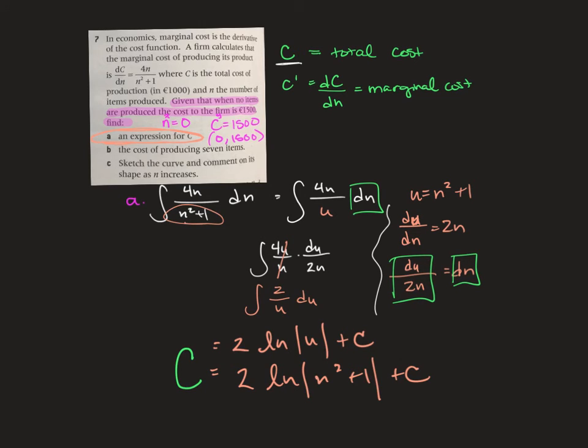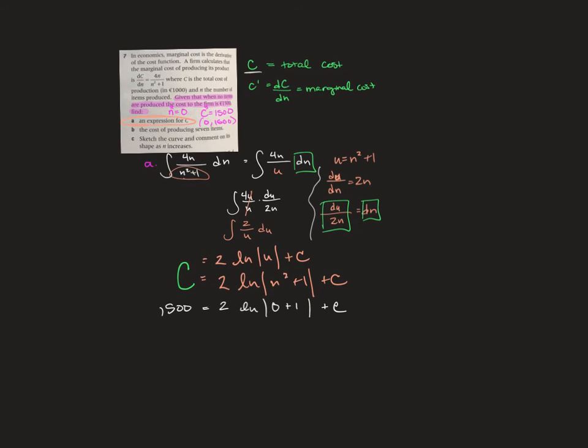We need to plug in this (0, 1500) to this equation. So I'm going to write that out. We're going to say 1500 is the same as 2 natural log of 0 squared plus 1, plus c. And so we're going to get 1500 minus 2 natural log of 1 is equal to c.